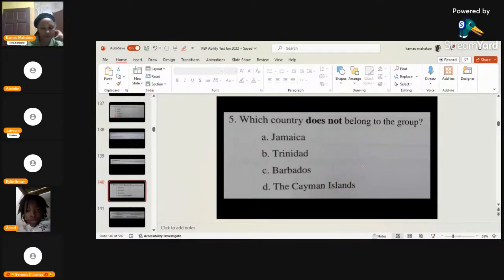Who wants to try? Miss, can you hear me? Yes, go ahead. Miss, also B, because Jamaica, Barbados, and Cayman Islands are all in the Greater Antilles, but Trinidad and Tobago is not. You're saying Barbados is in the Greater Antilles?